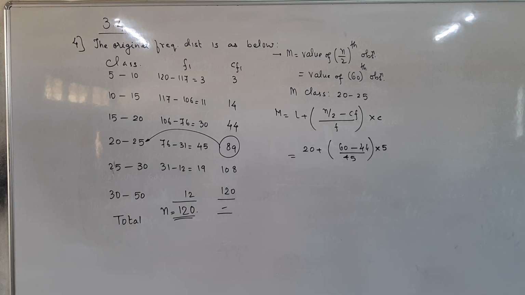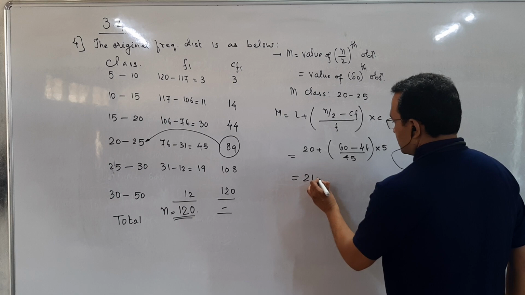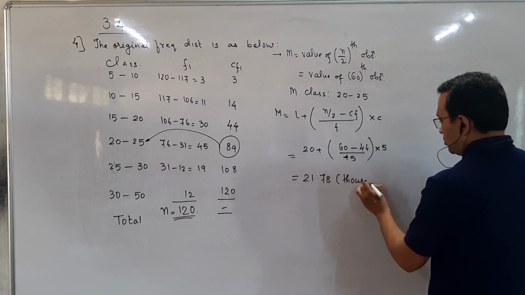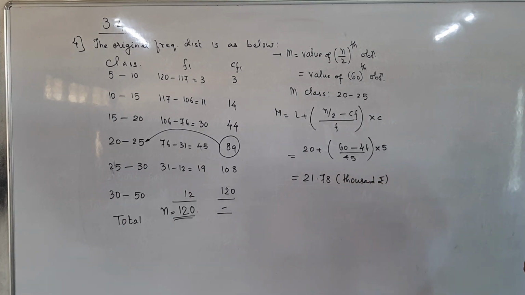Sorry students, I'm mistaken. The median is 21.78 thousand rupees, because the data is in thousand rupees. Clear? Class students are in thousand rupees.